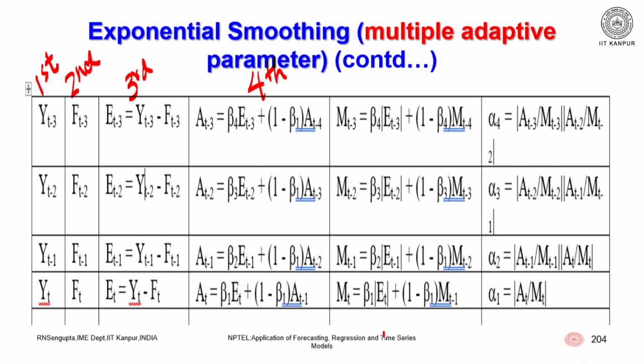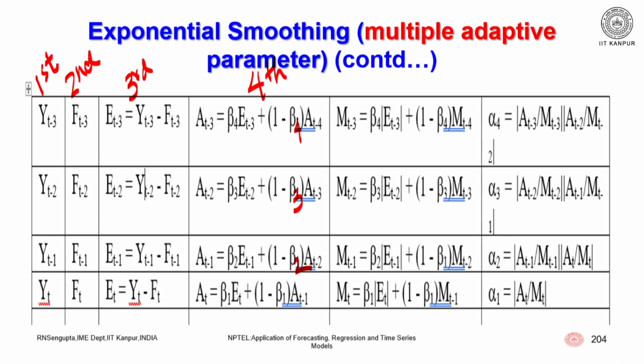So, beta 4 I am considering as the weight assigned to the error of time period t minus 3, which is the first row, plus 1 minus beta, multiplied by the corresponding a value. Sorry, let me correct it.